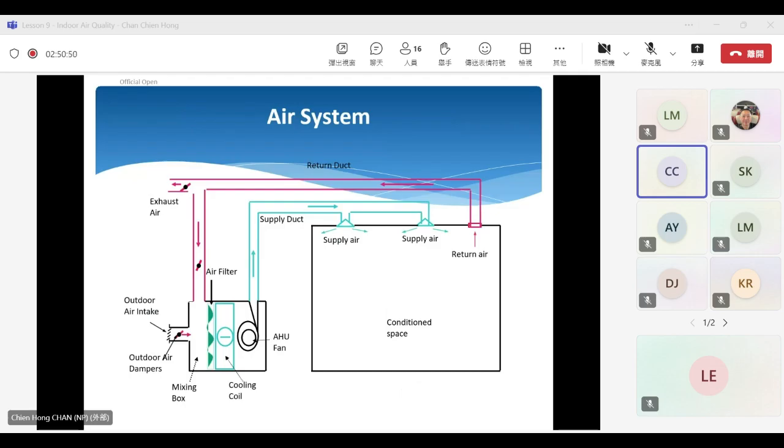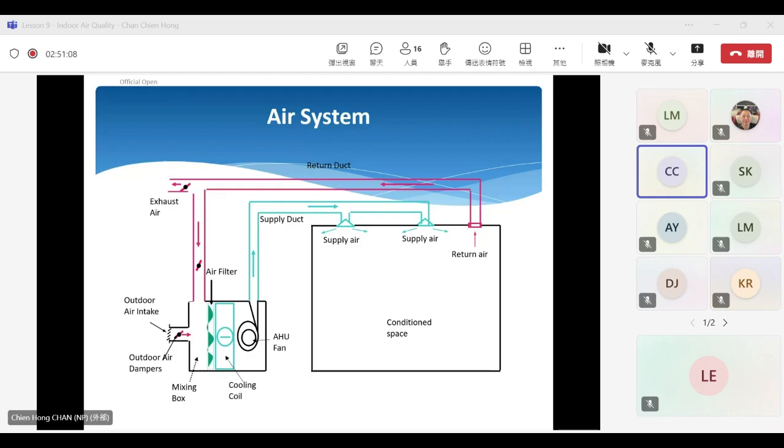So in an air conditioning system, what we are trying to do is supply this low temperature air into the space so that it can pick up the heat.